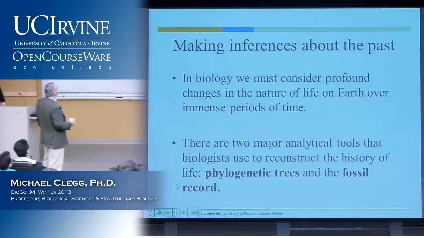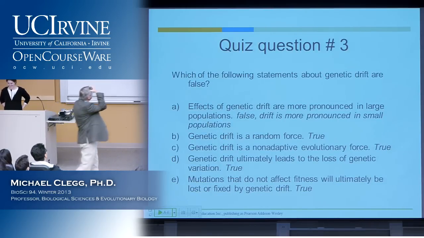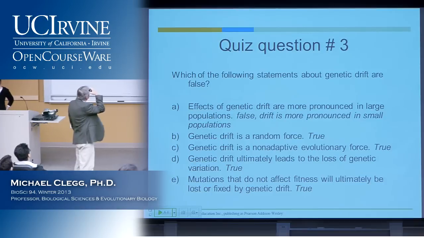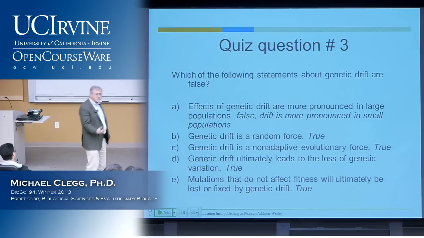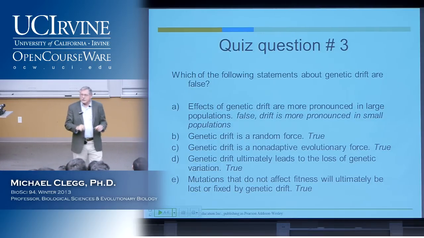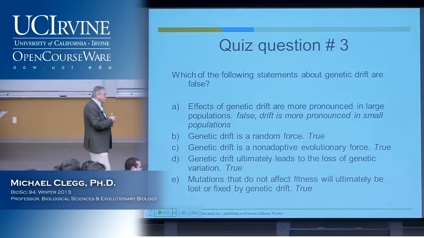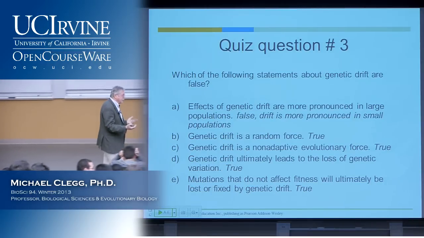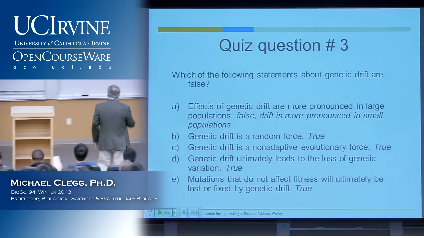Okay, this is number 3. Which of the following statements about genetic drift are false? The effects of genetic drift are more pronounced in large populations. Well, that's false. We went to great effort to demonstrate for you that genetic drift is most prominent in small populations, and the larger the population gets, the less the drift effect is.